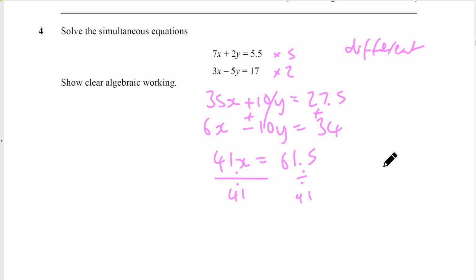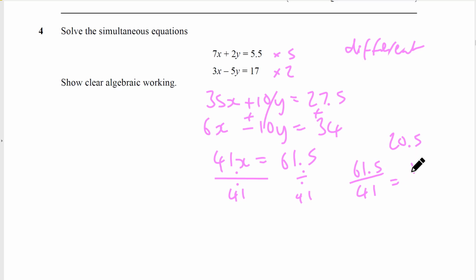Now this might throw you off a bit, but here's a clue here. What's half of 41? That's 20.5. Okay, but if in doubt, let's do this. Let's keep that as a fraction. Let's just double it so we get whole numbers.